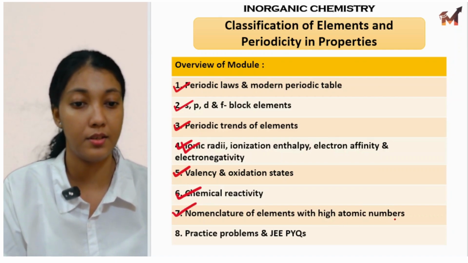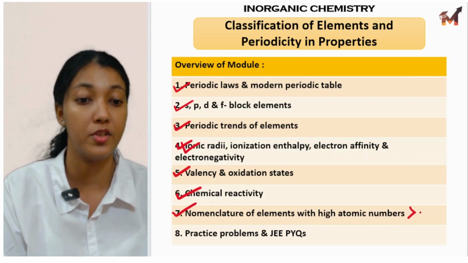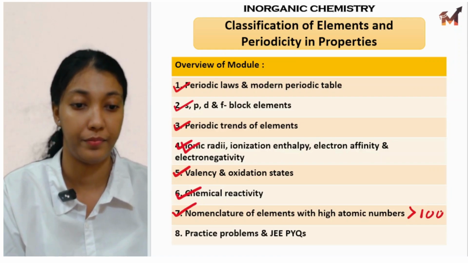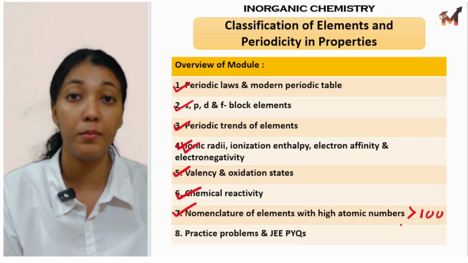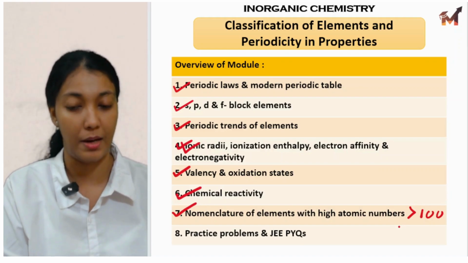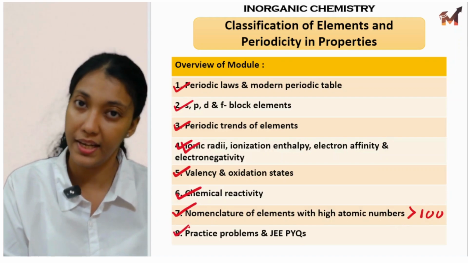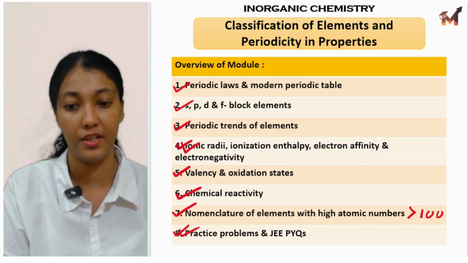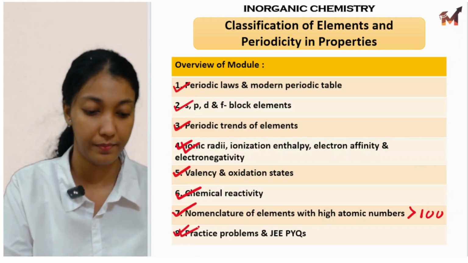High atomic numbers बोले तो हमारा atomic numbers which are greater than 100. तो उन elements को हम कैसे naming करते हैं वो भी हम इस chapter में देखेंगे. And we will definitely have again practice problems and previous year questions from JEE.